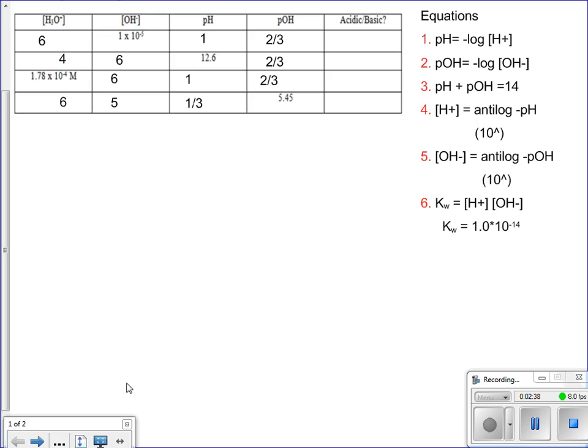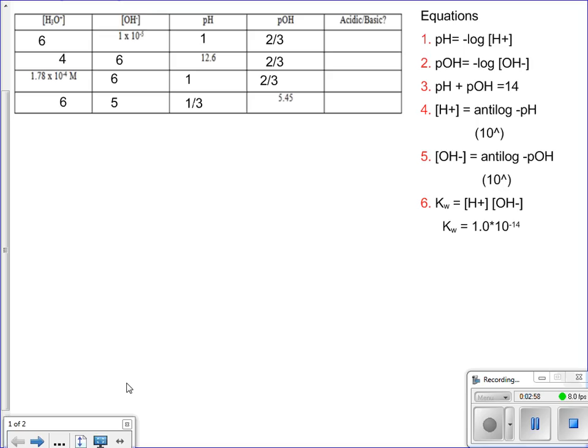So if we look through all of those equations, there's only one equation that contains both the H+ and the OH-, and that is equation number 6. So this comes from chapter 15, section 1. Kw is our equilibrium constant for water. The value for Kw is 1 times 10 to the negative 14.